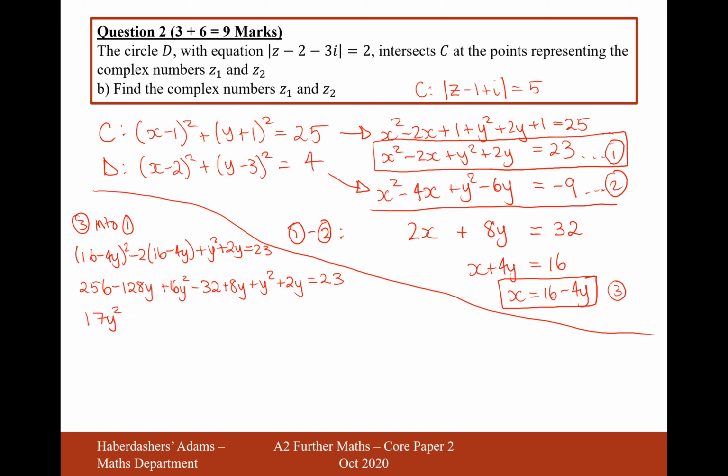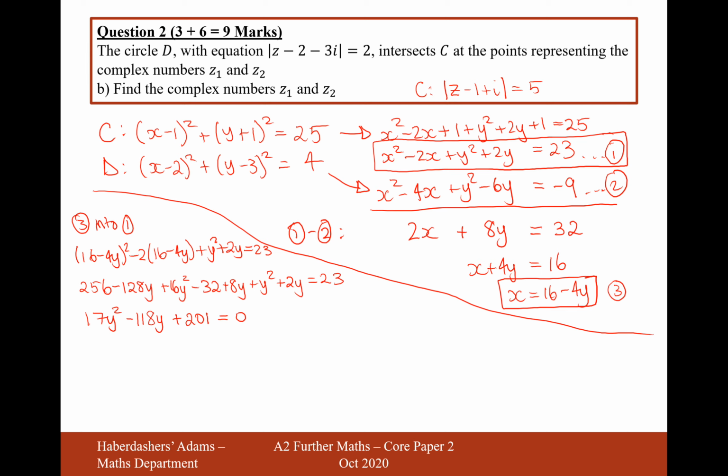And then for the y's, it's going to be minus 128, add 8, and add 2, so that's going to be minus 118y. And then on the numbers, 256 minus 32 and minus the 23 as well, and that gives us 201 equals 0.